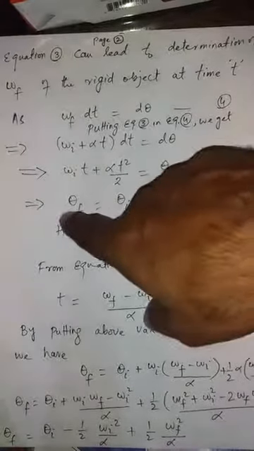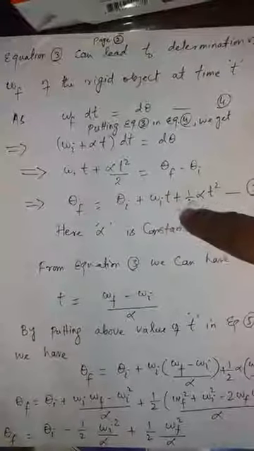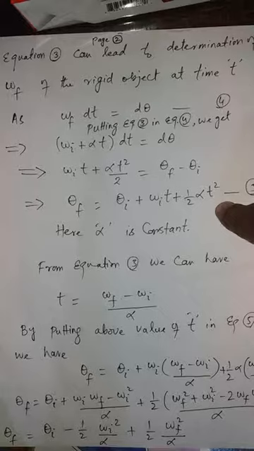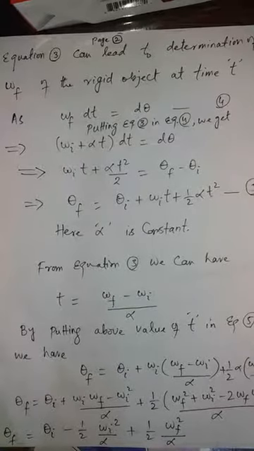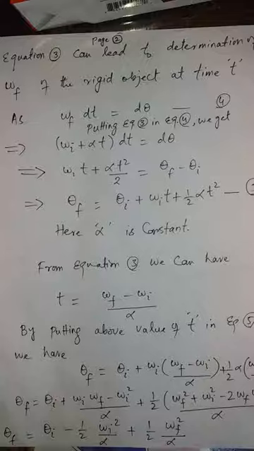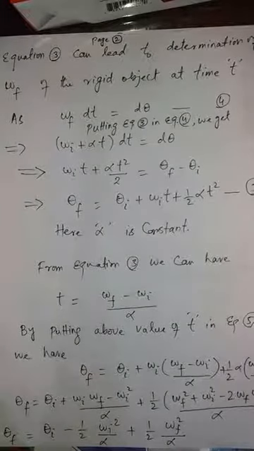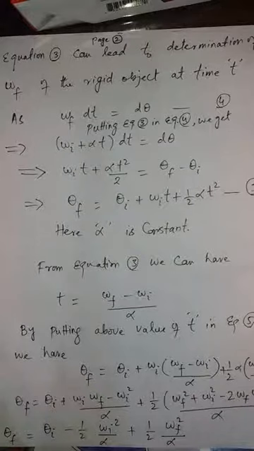We will get s equal to s naught plus vi t plus half a t square, which is another equation of motion for the linear case when the acceleration is constant. This expression, which is our equation 5, represents the angular motion with constant angular acceleration.